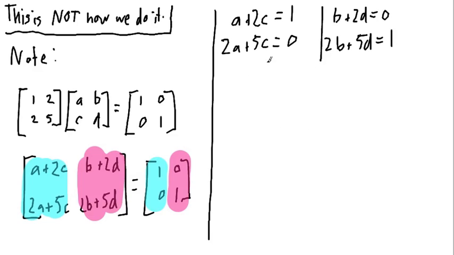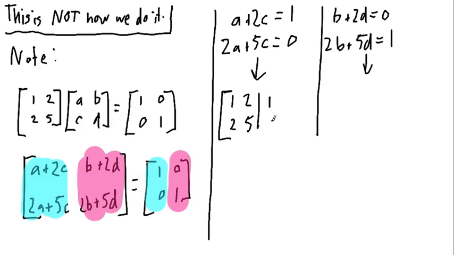Now, let's put both of these into augmented matrices. Here I will get 1, 2, 2, 5, 1, 0. Hey, that's fancy. That's precisely the matrix we started off with. And over here we would also get 1, 2, 2, 5.